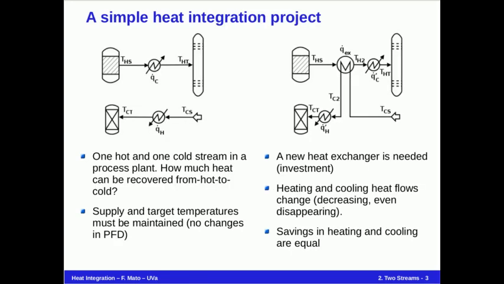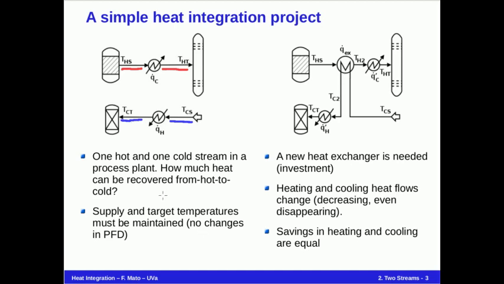As simple as that: one hot and one cold stream in a process plant. Here you see a hot stream going out the reactor that must be cooled before arriving to a column, and a cold stream coming from battery limits that must be heated before arriving to some process vessels.